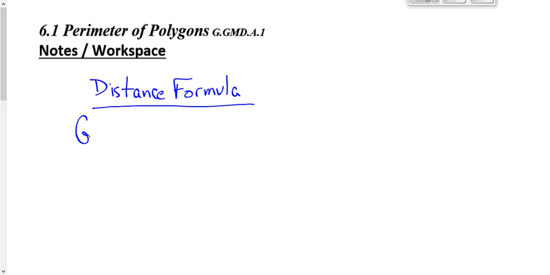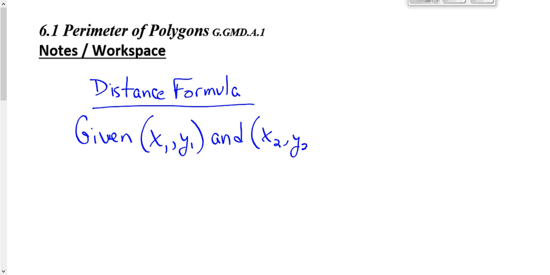So if I'm given this point, x1, y1, and another point, x2, y2 in the coordinate plane, I can find the distance between them with the following formula. This is the formula you need to know. It would not be on the reference sheet. They're like a displacement as well.